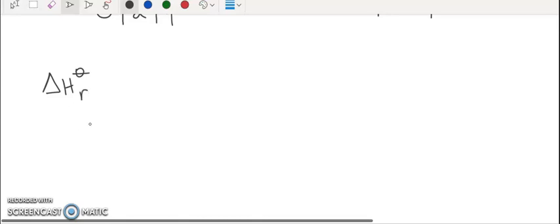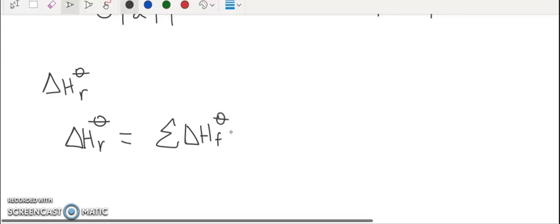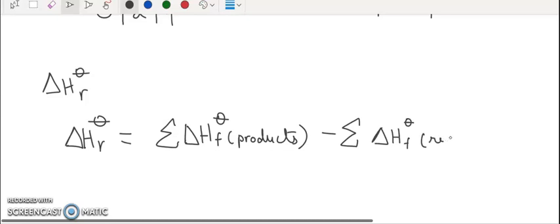And this can be represented by the equation: standard enthalpy of reaction is equal to the sum of standard enthalpy change of formation of products minus the sum of, this symbol means sum of, standard enthalpy change of formation of reactants.